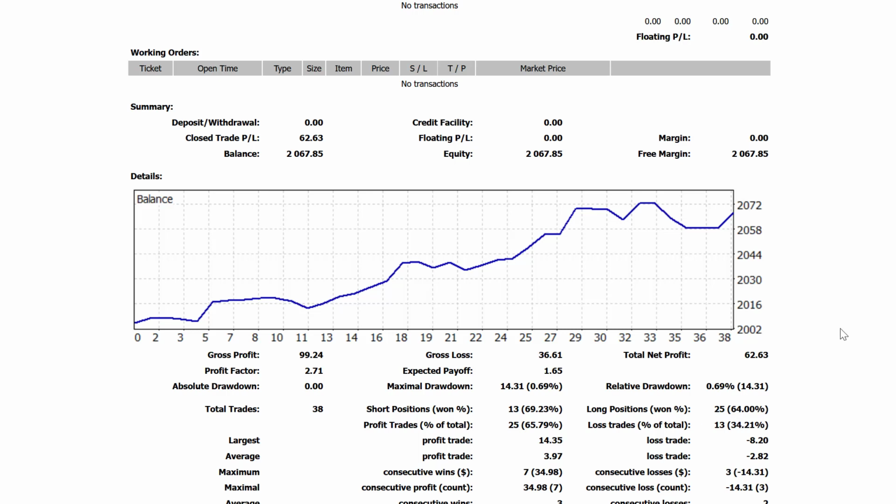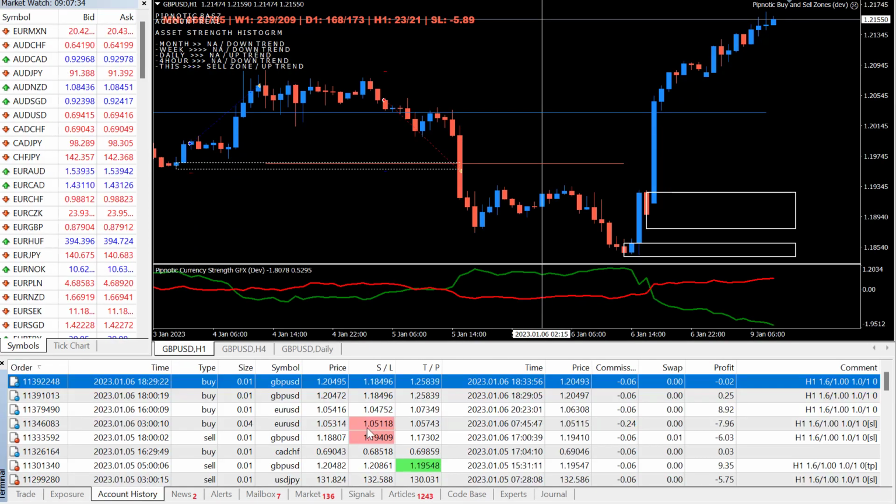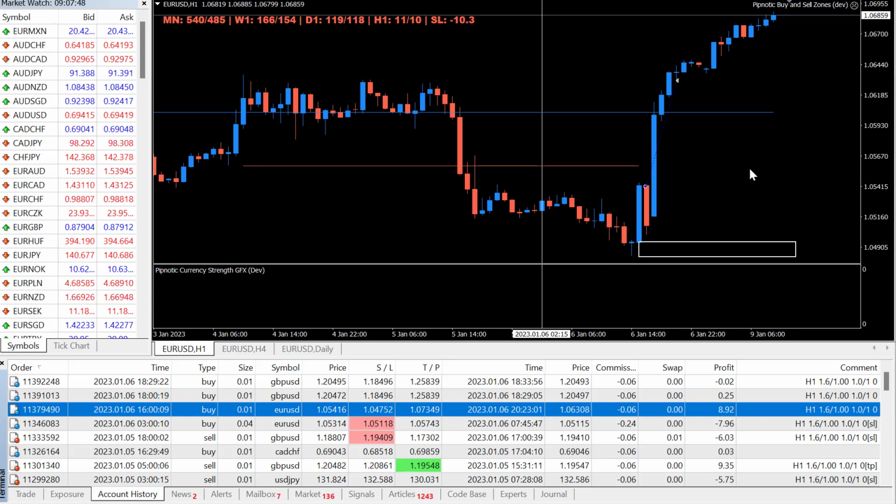That's absolutely amazing. But keep in mind, there is a fair deal of discretion. It's not so far a set and forget situation. I mean, if we look at some of these, I'm just taking the trades off at logical areas.